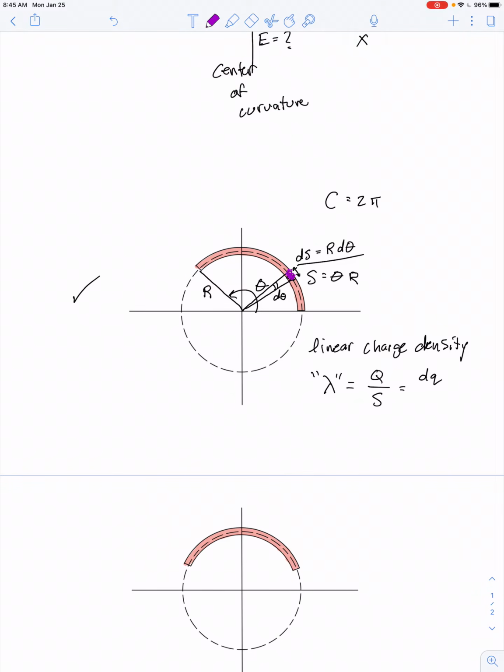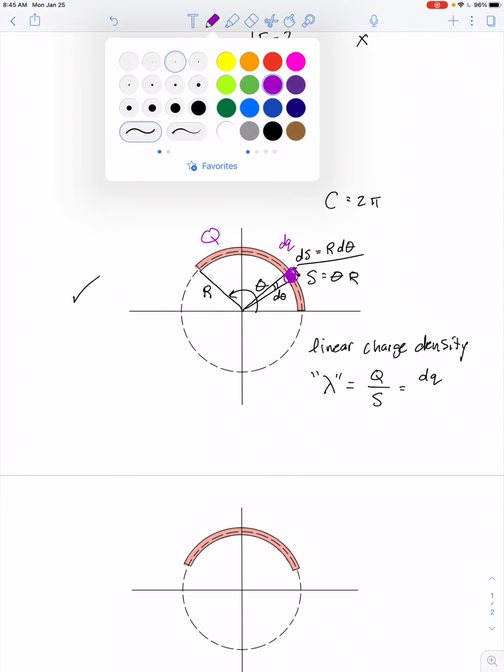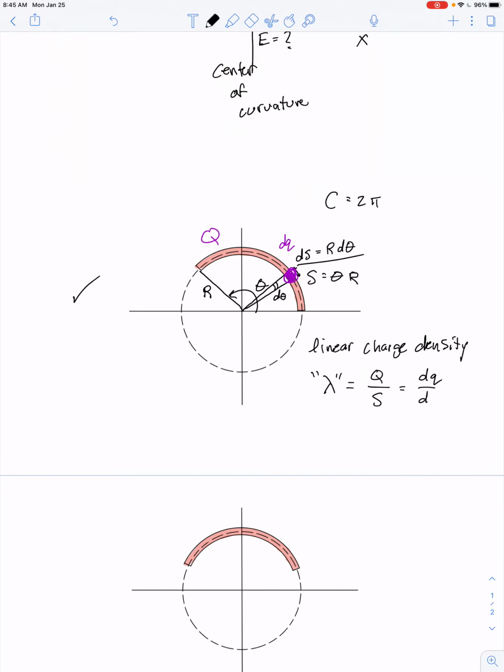Okay, so if we highlight this region here, there's just a fraction of the total charge, dq, and you get the idea. dq divided by ds is the same density of charge as the total charge q divided by the full arc length s.